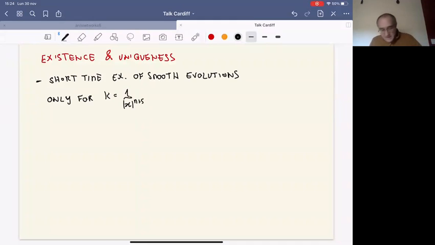And in this case, there is a work by Julin and La Manna saying that if you start from a smooth set (well, the initial set can be C^{1,1}), for short time you have a smooth evolution. And then in this case, there is also the evolution of geometric quantities.